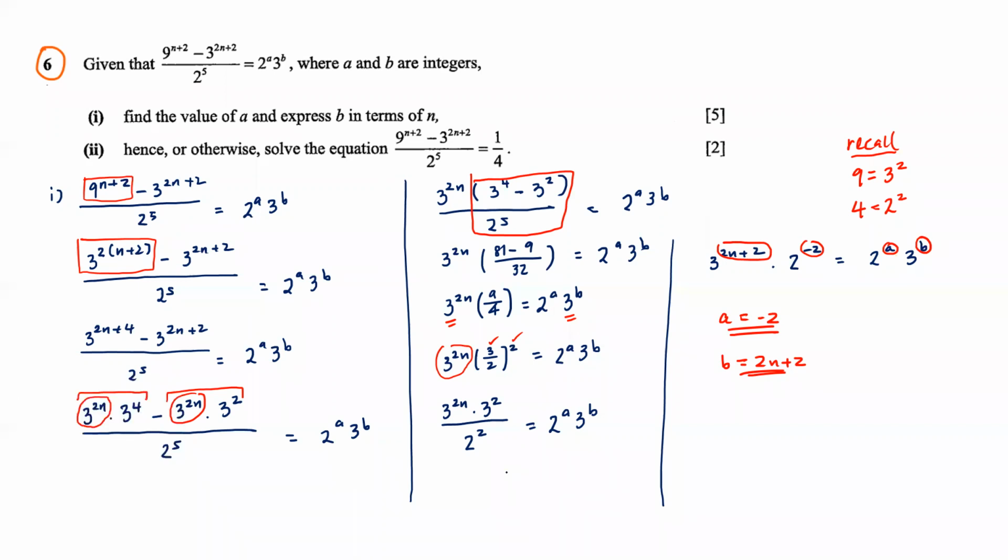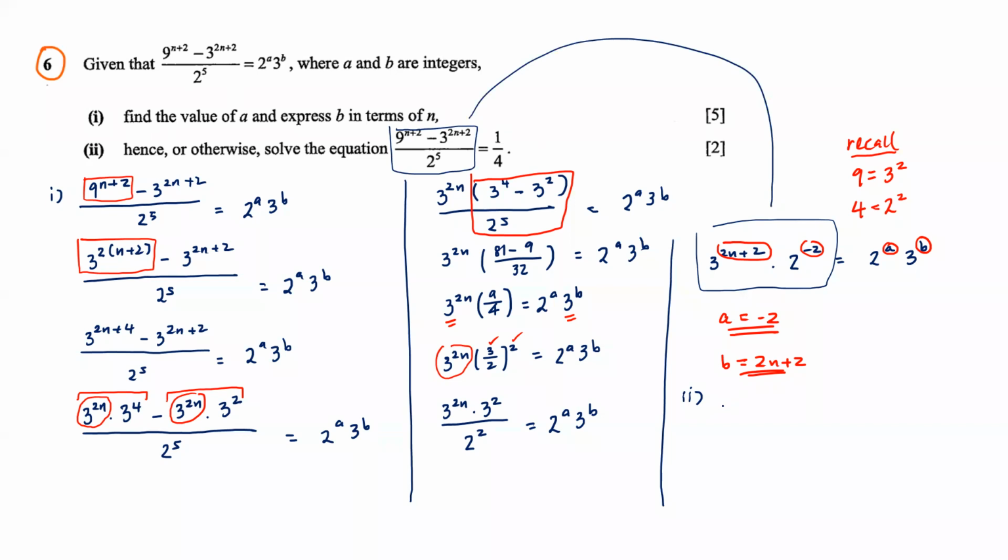How about part 2? Part 2 is a lot easier, only if you can solve for part 1. So hence or otherwise, solve the equation. And you realize that this equation is exactly what is given in the first sentence. And after working out to give the final line, we would actually say that this 3 to the power of 2n plus 2 times 2 to the power of minus 2 is exactly what the left-hand side of the equation is all about.